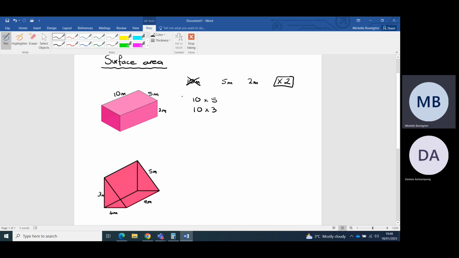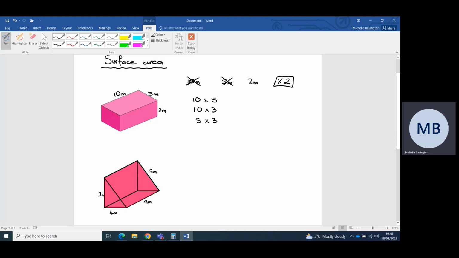That's done twice. I'm going to do 5 by 3. Then that 5 is done twice, and the 3 is done twice. And now I'm going to times that by 2, times that by 2, and times that by 2.